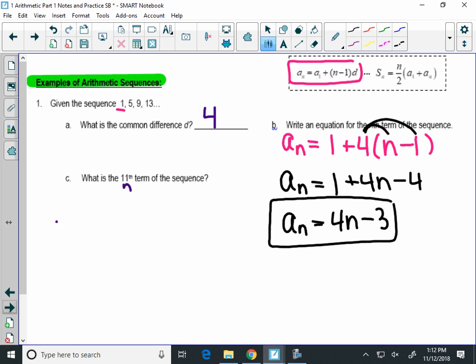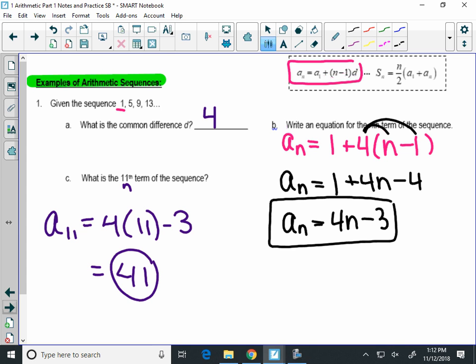So I'm going to find a sub 11. What's the 11th term? Well, all I have to do is take 4 times 11 minus 3, which is 41. So if you list it out by hand, 11 numbers in a row of this pattern, the 11th one would be 41.